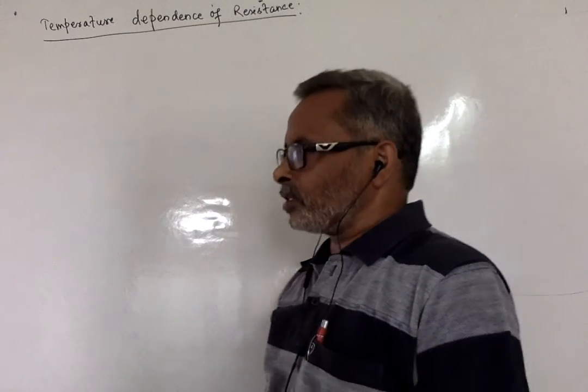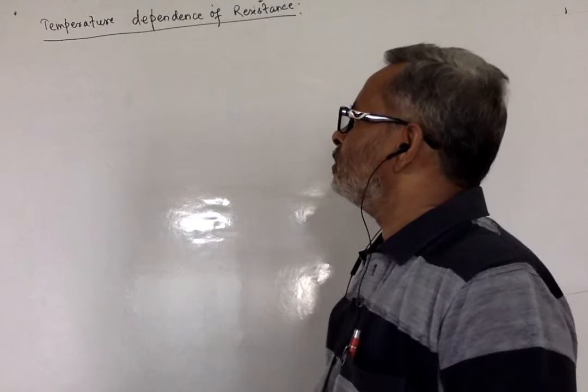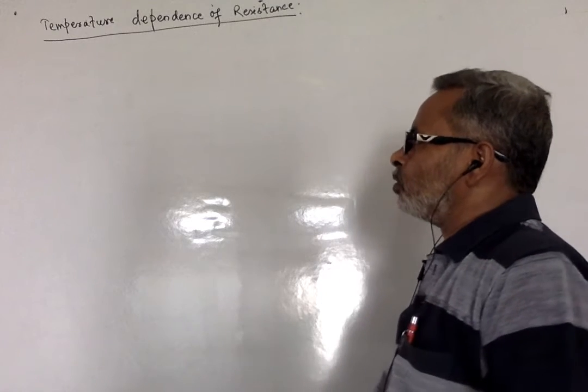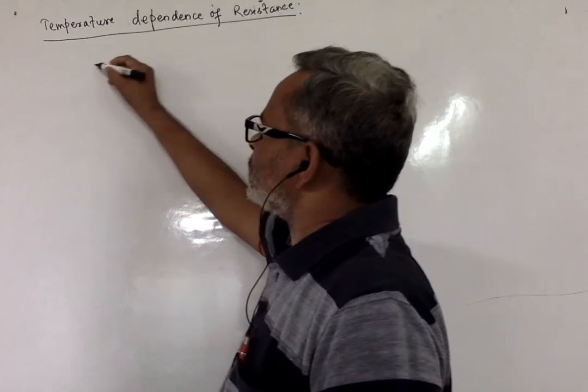On the basis of experimental observation, Clausius proposed the following relation between temperature and resistance.